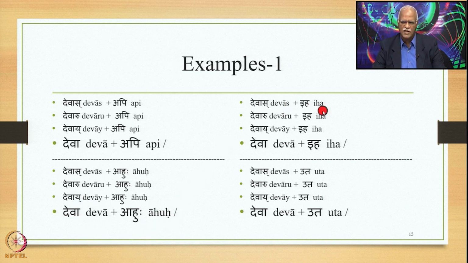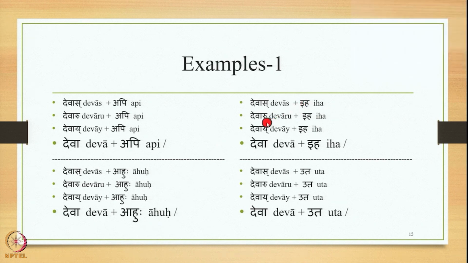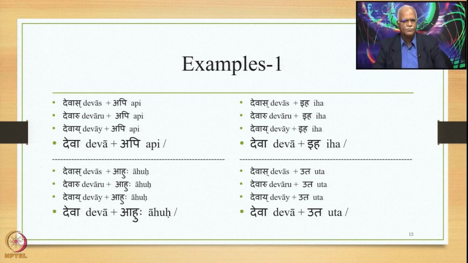Similarly, devas plus iha, where as is followed by e. Sa is substituted by ru, then by ya, and finally this ya is deleted or substituted by 0. So we have deva plus iha optionally. Then we have devas plus uta, where sa is substituted by ru, then by ya, and finally this ya gets optionally deleted.